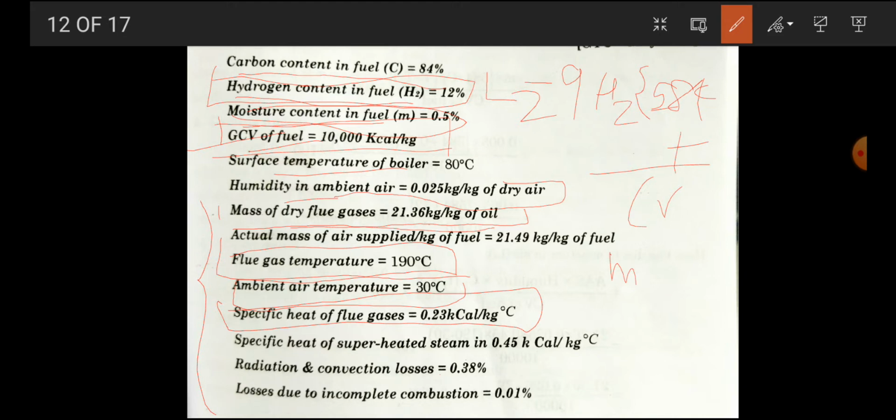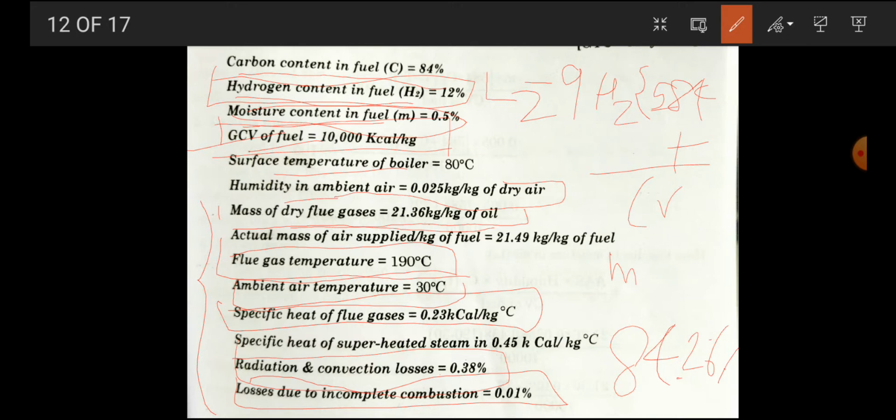Then L5, losses due to incomplete combustion, is directly given in the question. Then L6, losses due to radiation and convection, is also directly given, it is 0.38. We add all these losses and subtract from 100, and we get the efficiency as 84.26 percent.